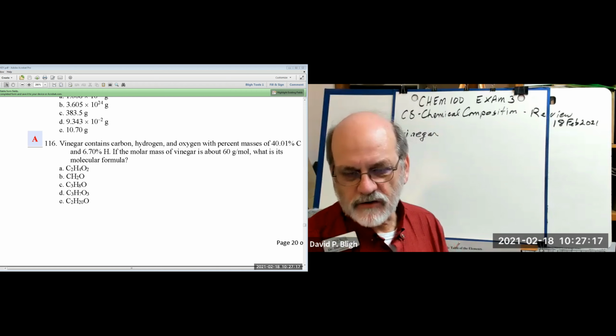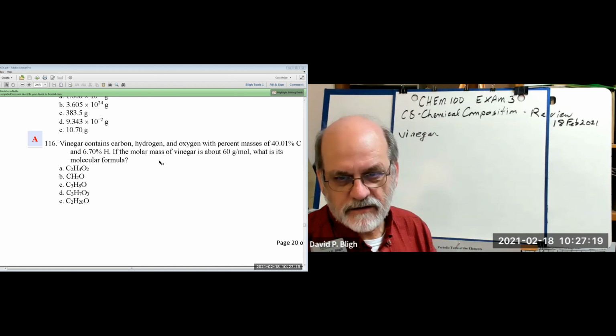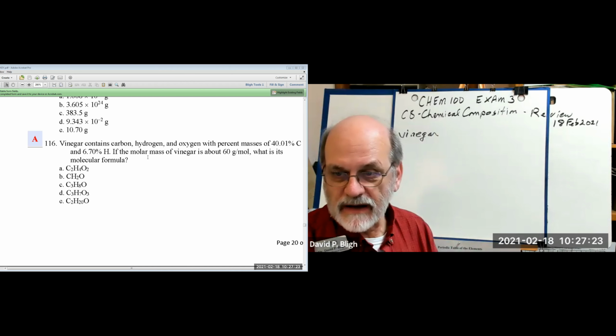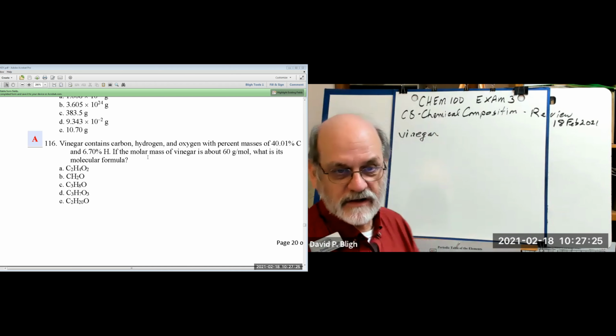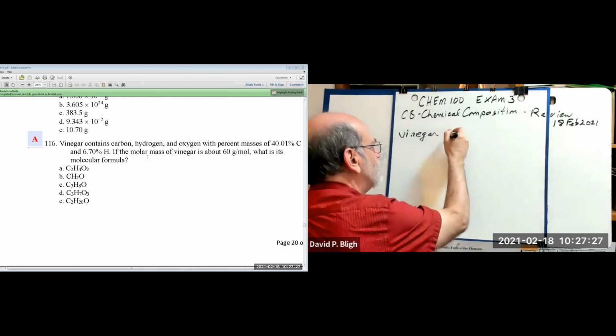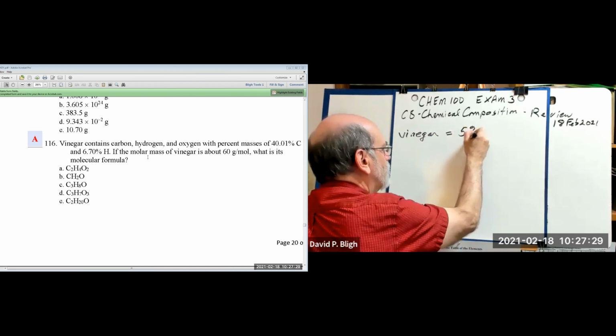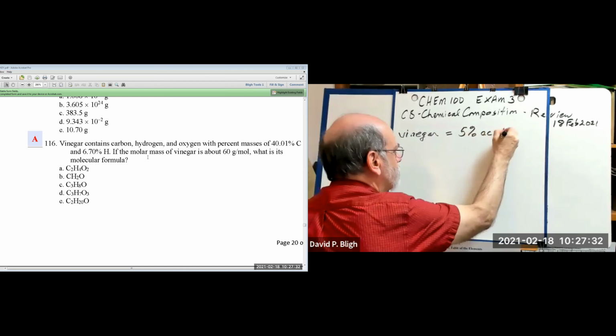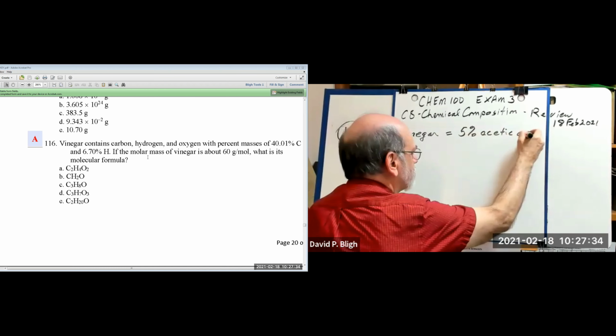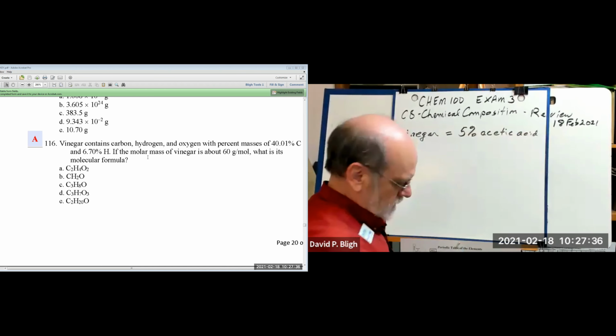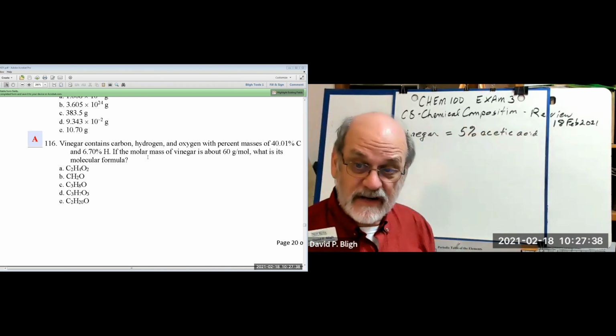You know, that's not actually true. Vinegar contains, well, that's true, contains carbon, hydrogen, and oxygen. But vinegar is actually a diluted 5% acetic acid is vinegar.